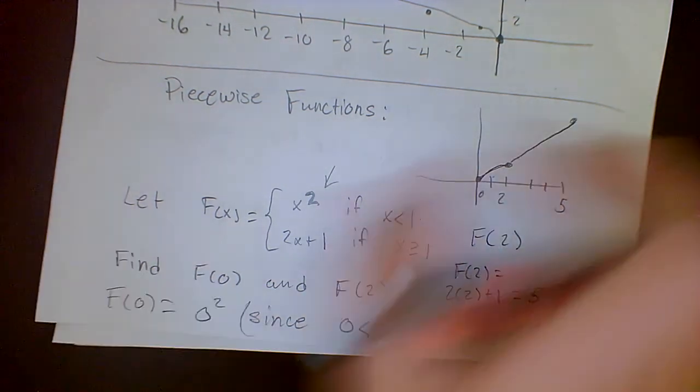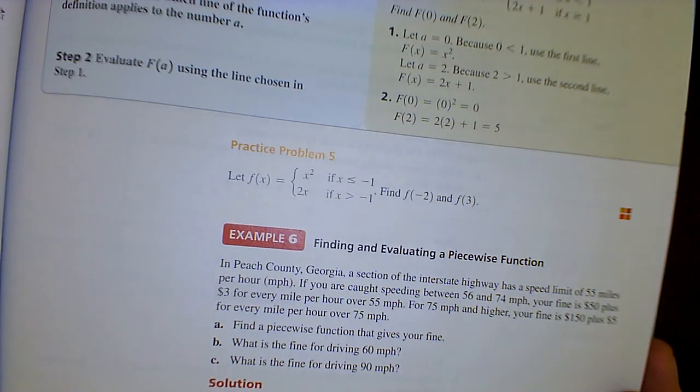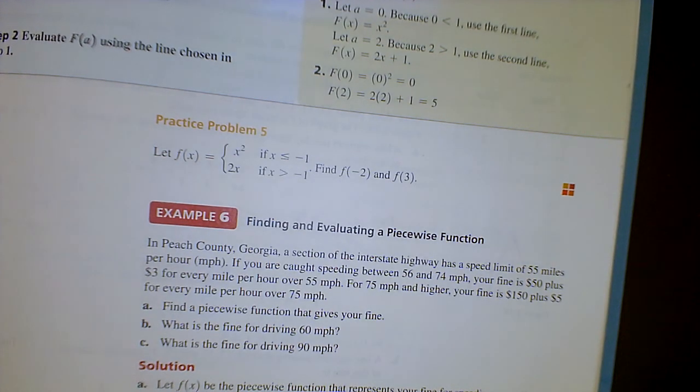All right. So another word problem that we can discuss. So, oh yeah, I'll show you guys the problem that we're talking about. So in Peach County, Georgia, a section of interstate highway has a speed limit of 55 miles per hour.